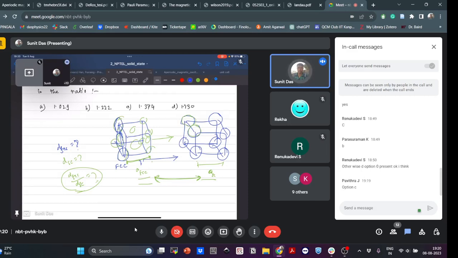And by the way, nearest neighbor distance means center to center distance.